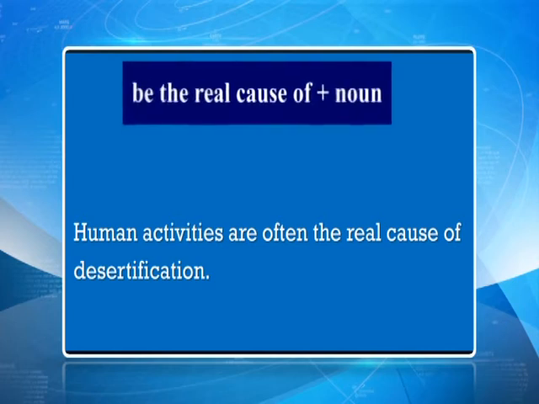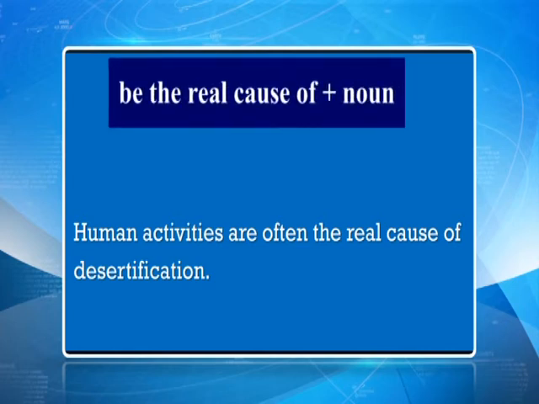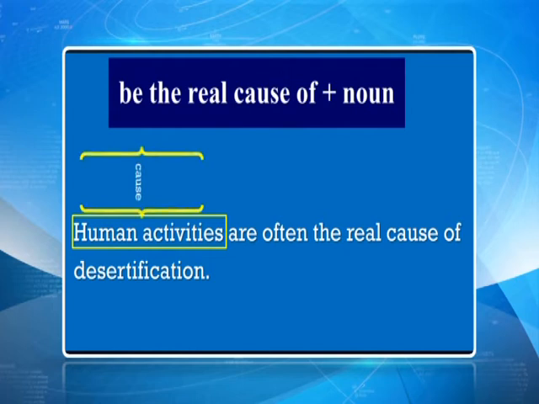Be the real cause of, followed by a noun. Here is a sentence that reads, human activities are often the real cause of desertification. Where is the cause in this sentence? Human activities. Good. This is the cause. What's the effect of human activities?